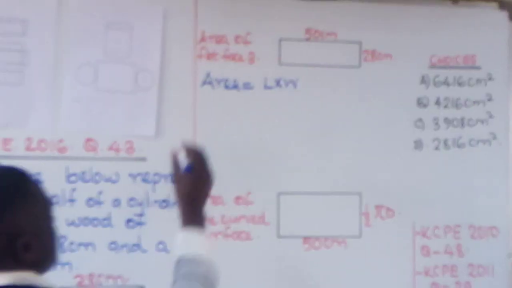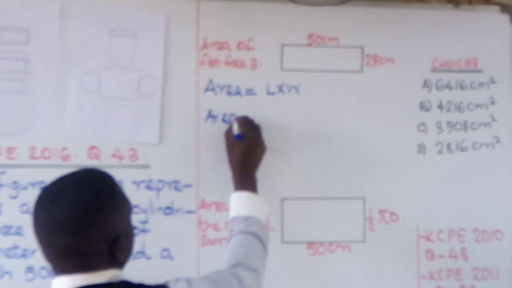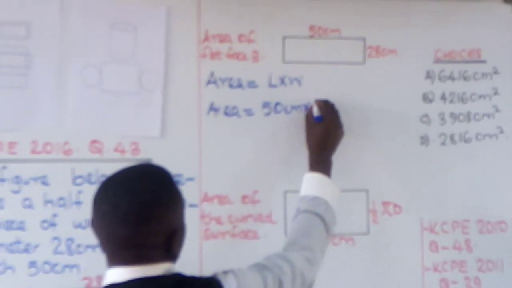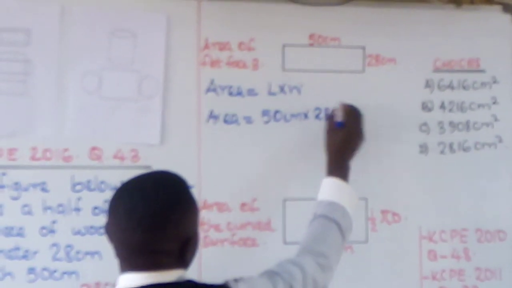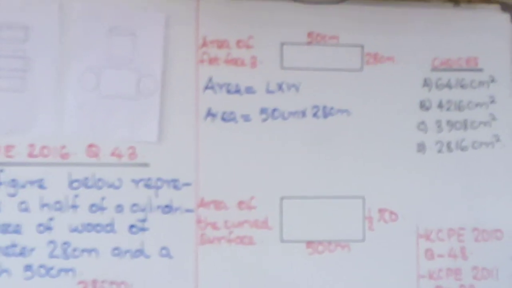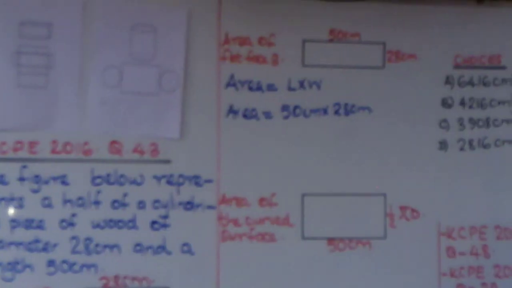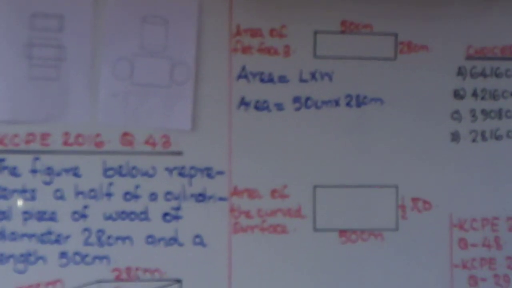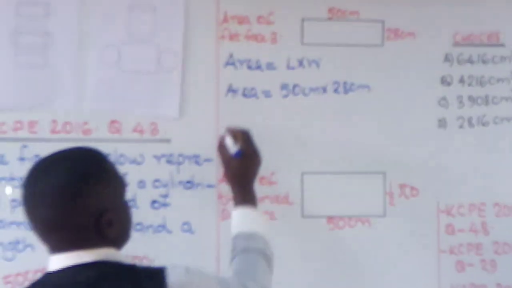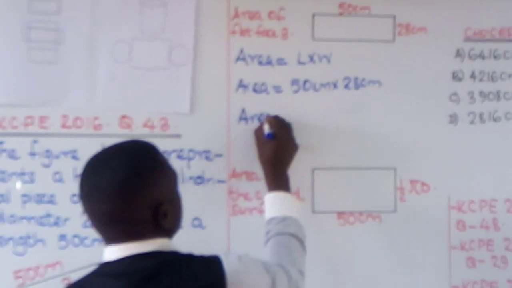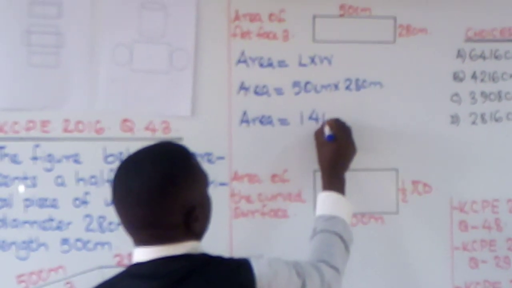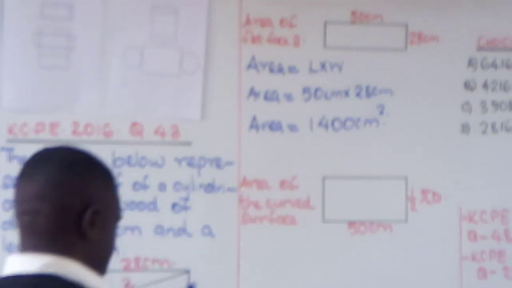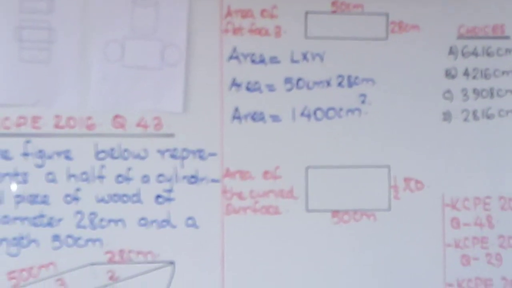So area is equal to 50 centimeters multiplied by 28 centimeters. 50 multiplied by 28 is 1,400 centimeters squared. That is the area of the flat top.